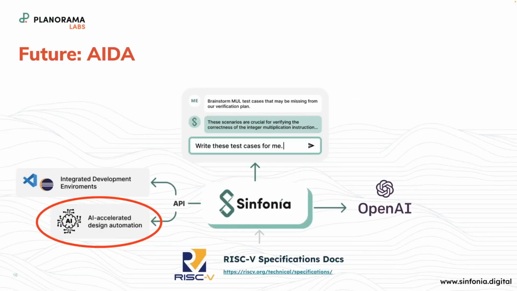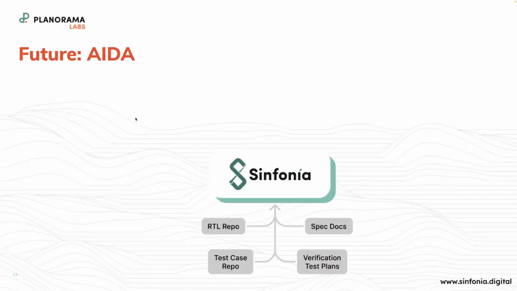So let's talk about what's on the horizon. I promised to talk a bit more about the area circled in red here. What we're calling it is AI Accelerated Design Automation, ADA, because we not only can assist engineers manually with creating test cases, but we can also imagine that they're going to be automatically created with expected results based on the specifications that are loaded in.